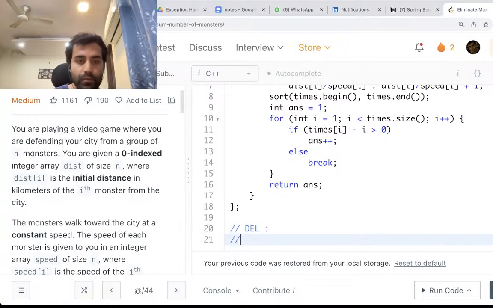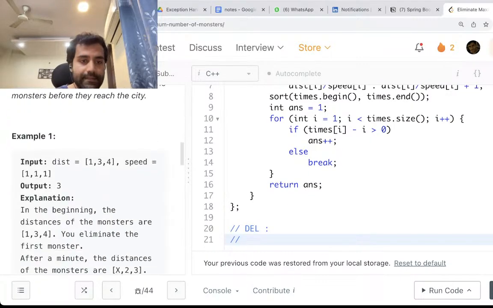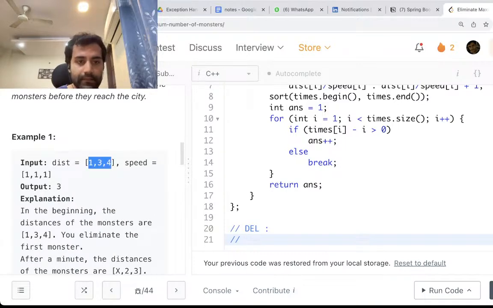Let's say the first monster is standing at a distance of 1 kilometer, the second monster at a distance of 3 kilometers, and the last monster at a distance of 4 kilometers. These are the distances of the monsters, and these monsters are approaching towards your city.